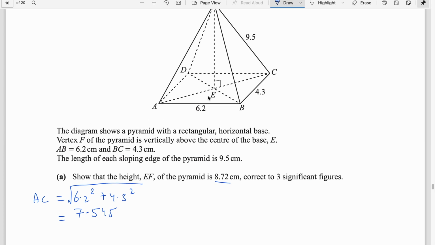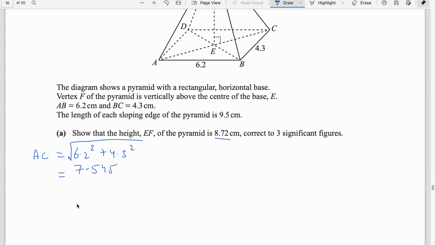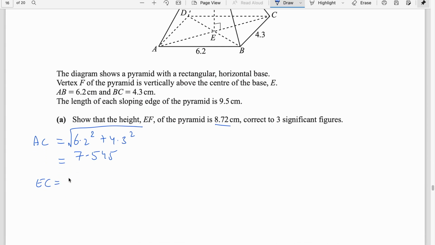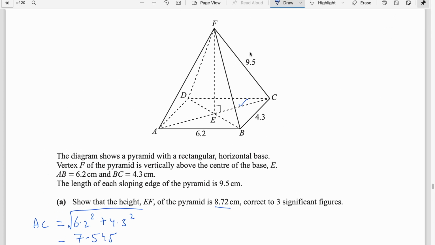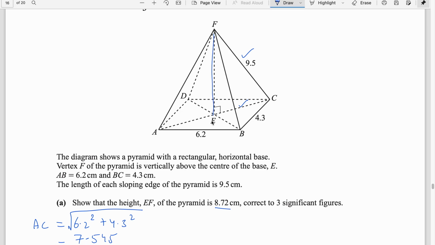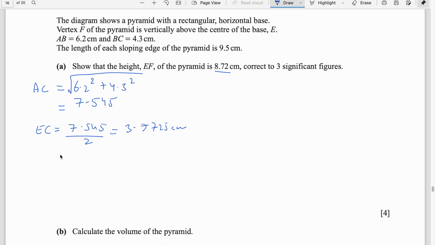Now we use half of this to get EC. So EC is 7.545 by 2, which is 3.7725 centimeters. We have EC, we have FC, so we can find FE using Pythagoras theorem on this triangle.